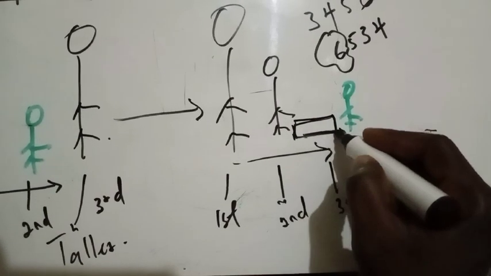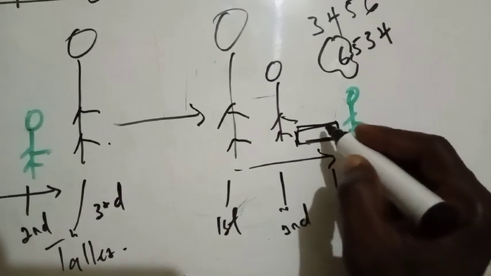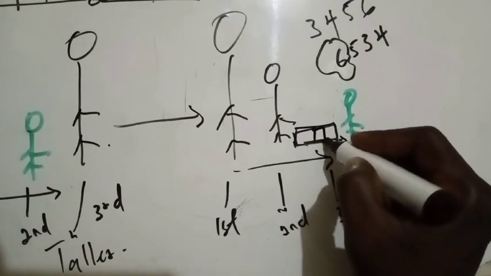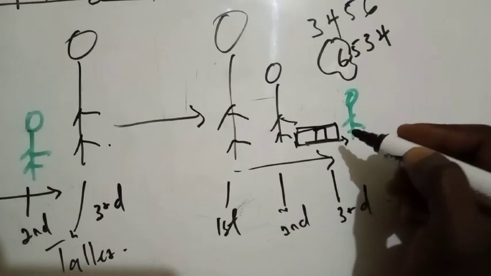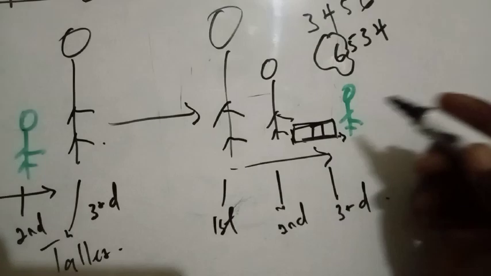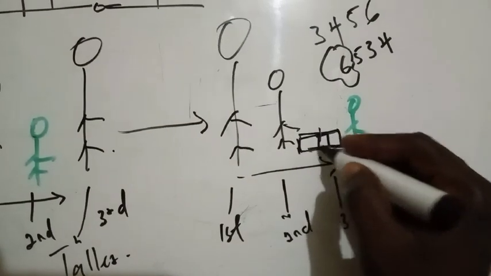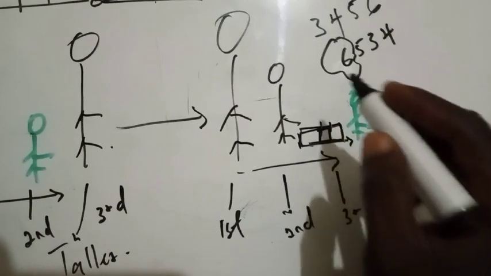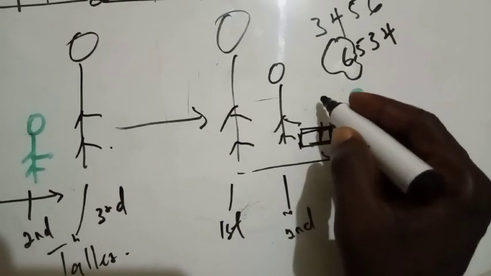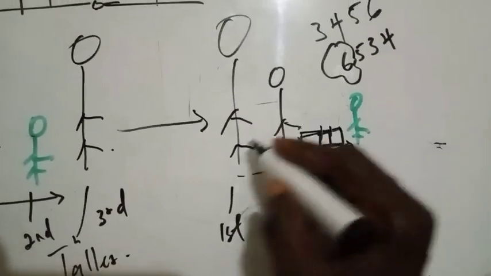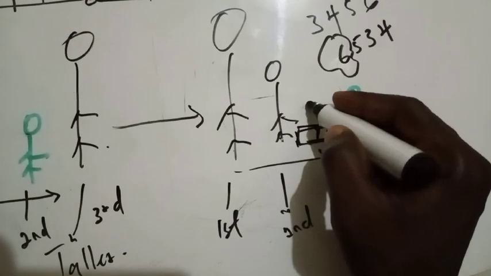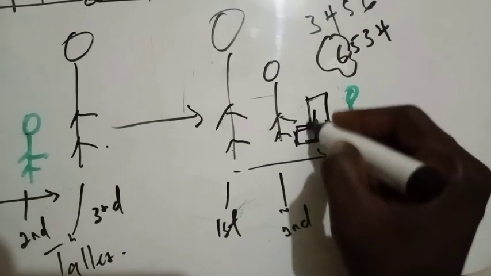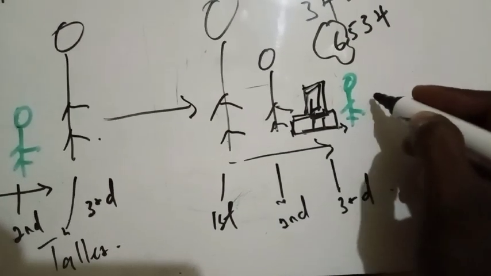If there's a space in between here, it's assumed that this guy is out of the range, maybe he's gone to the washroom or something of that nature. That doesn't mean that when I'm counting, I have to jump him. No, you have to count that guy in addition. So making 1, 2, and then 3, this guy that is missing here, and then the fourth person.